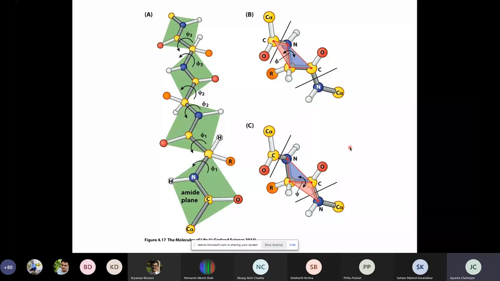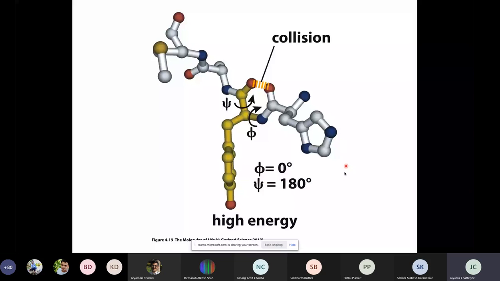The reason is shown here. In this case, we are looking at a peptide chain. This is the N terminus.